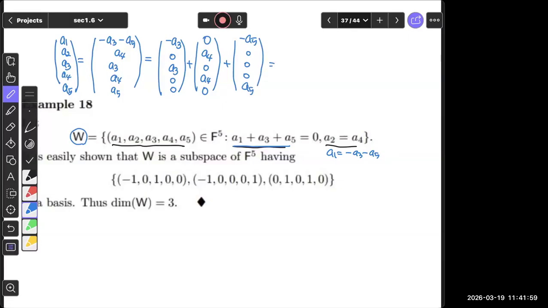Each entry in the first one is a multiple of A3, the second is a multiple of A4, and the third is a multiple of A5.